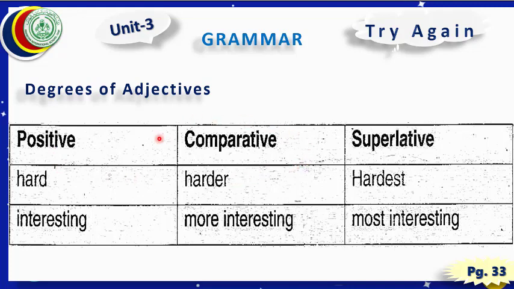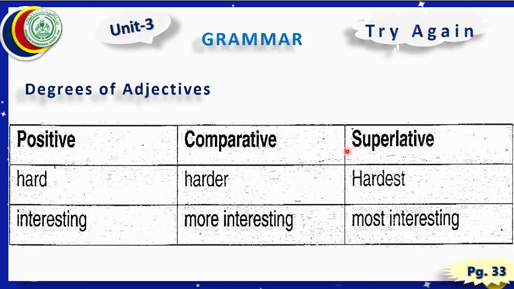We use comparative degree when we compare two nouns. When we compare one noun with another noun, then we use comparative degree, and hard becomes harder, interesting becomes more interesting. The third case is sometimes we compare one noun with several other nouns.